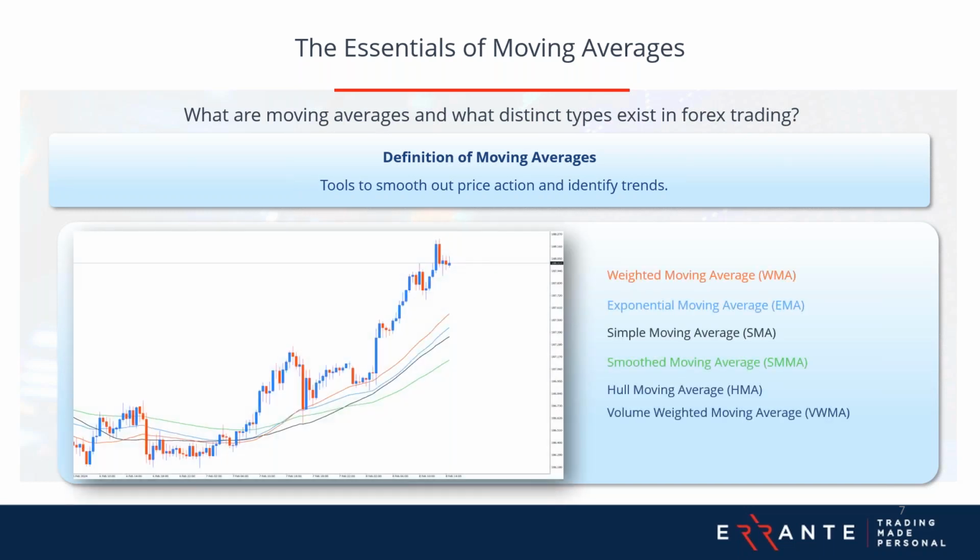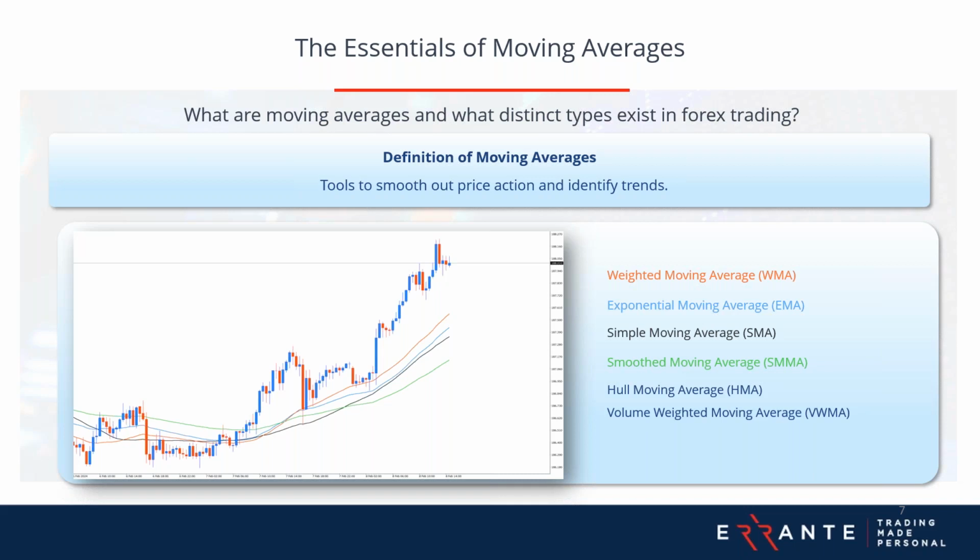We have several types of moving averages, each with its unique calculation and application. Starting with the simple moving average, or SMA, which calculates the average price over a certain number of periods. It's the most straightforward and widely utilized for its ease of understanding and effectiveness in identifying long-term trends.